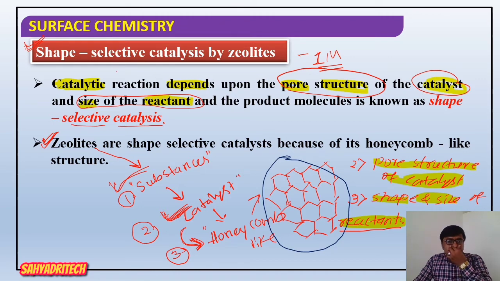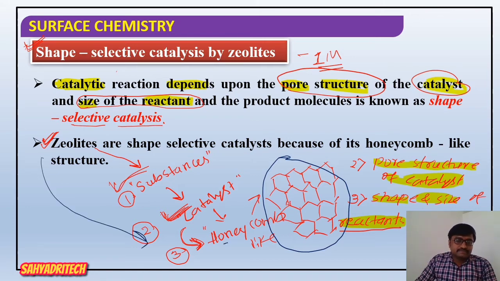Therefore, the catalytic activity of zeolites is mainly because of their honeycomb like structure, that is, the shape and size of the catalyst. Therefore we say these are well known examples of shape selective catalysis.